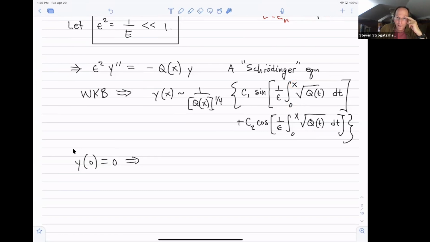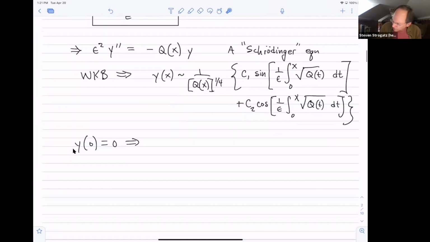So these integrals are both 0, right? I have no range of integration. It's just a point. So I have the sine of 0, which is 0, and the cosine of 0 is 1. So in order to satisfy y of 0 is 0, there better not be any cosine term, right? So this implies that C2 has to equal 0 to satisfy that condition. Okay, and so now we've eliminated that.